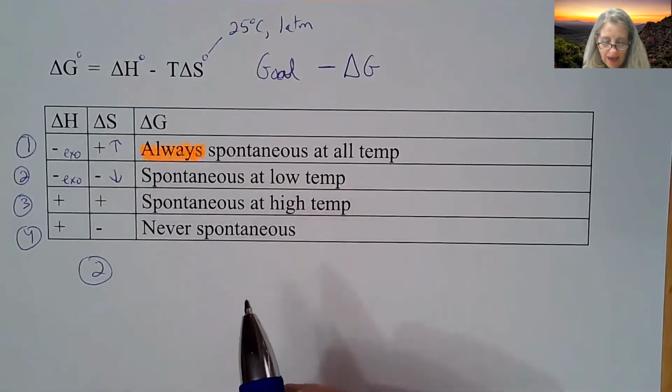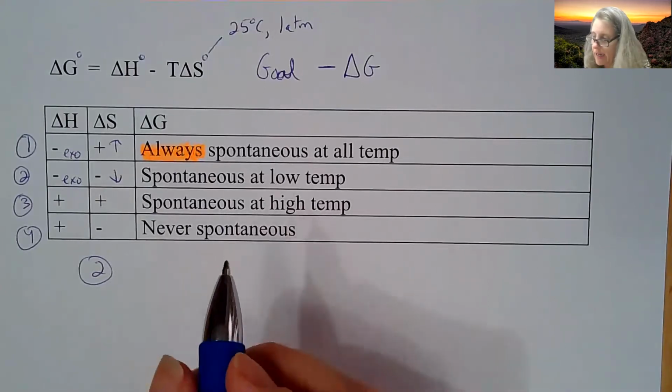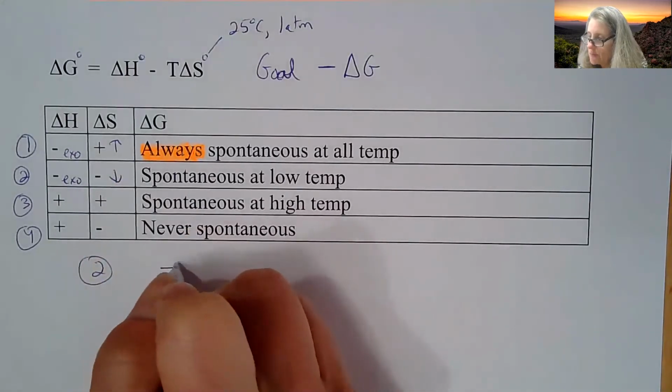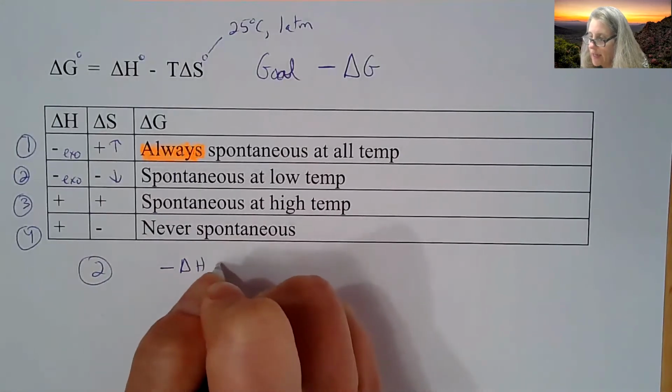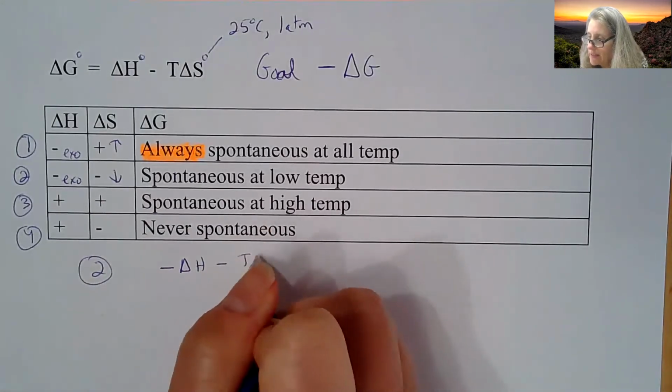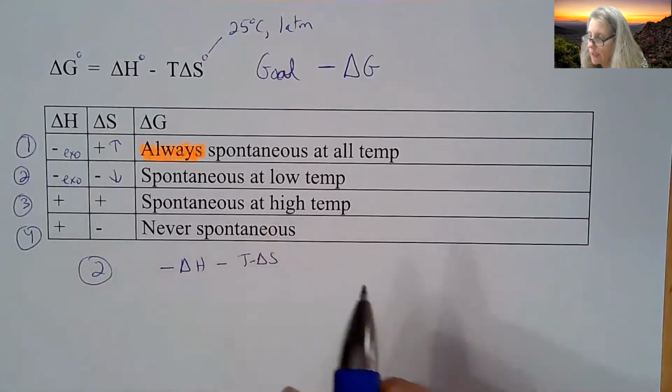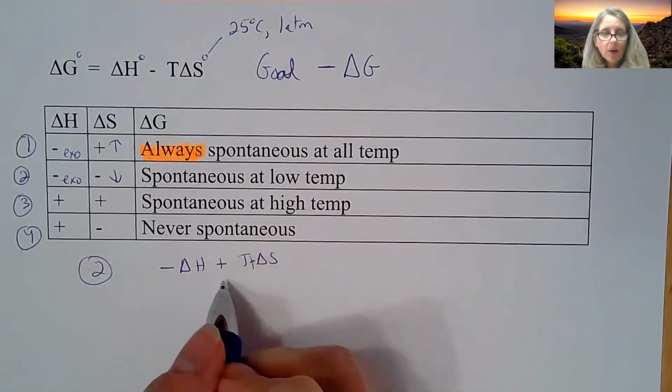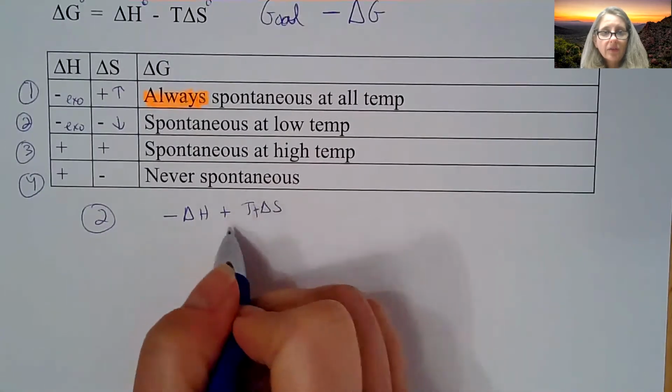Well, why is that? If we look at the delta H being negative, and I am saying the delta S is going to be negative as well, that's going to make that part of the equation positive.